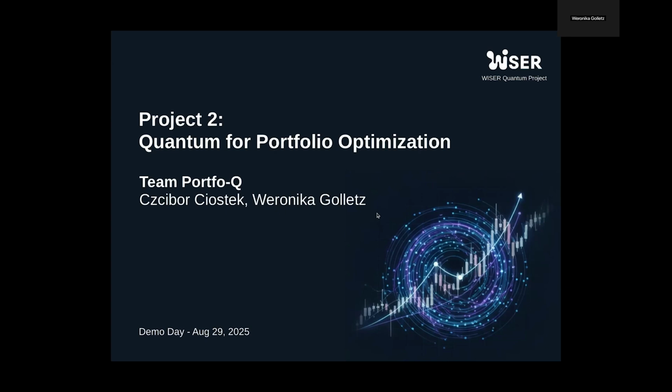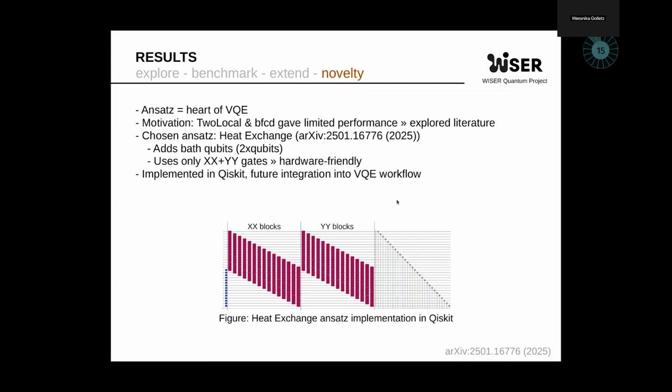Can you go one or two slides back? Okay, so here is this ansatz. We didn't have enough time to integrate this ansatz with our workflow with the provided GitHub, but we already implemented it just in Qiskit without running the whole experiment. This ansatz uses double the number of qubits, because the idea is that we add a given number of bonds, and we double the number of qubits which we use.